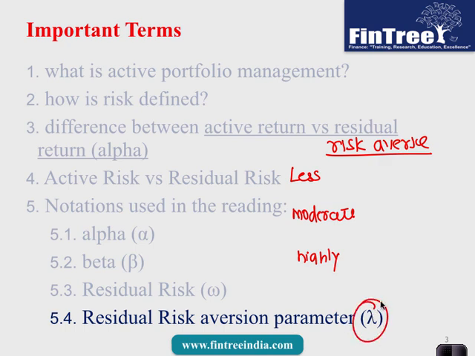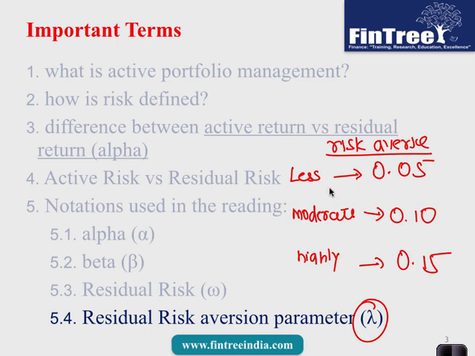This parameter lambda for a less risk averse investor could be something like 0.05. But if you are more risk averse, this value will increase, and if you are further more risk averse, the value will increase further. That means the higher the risk aversion parameter, the more risk averse the investor is.